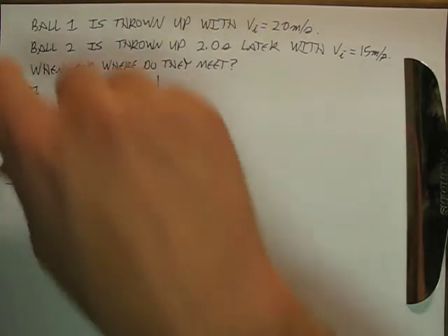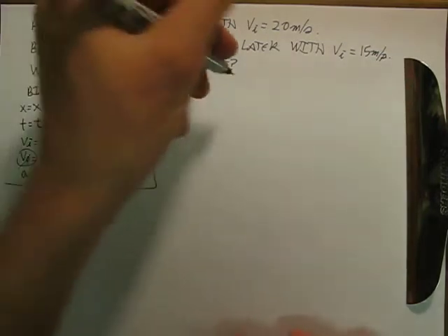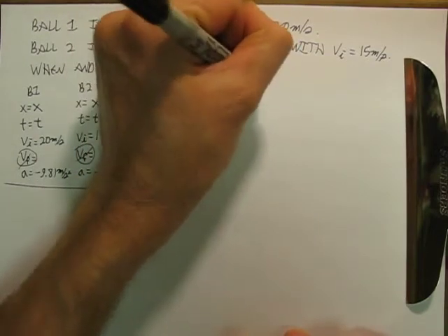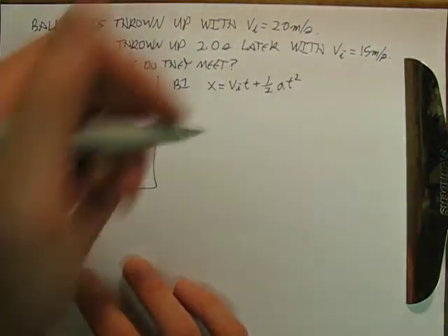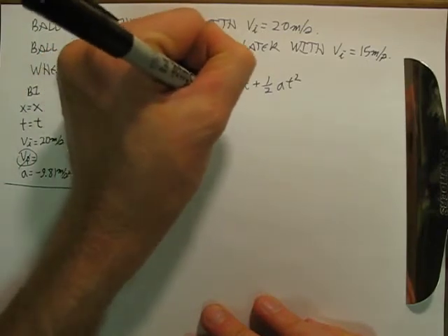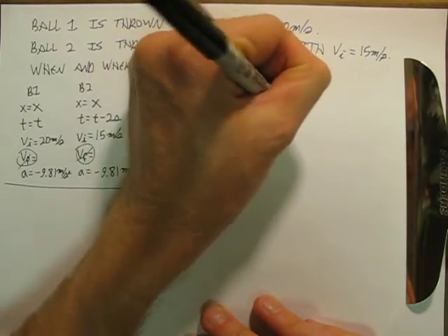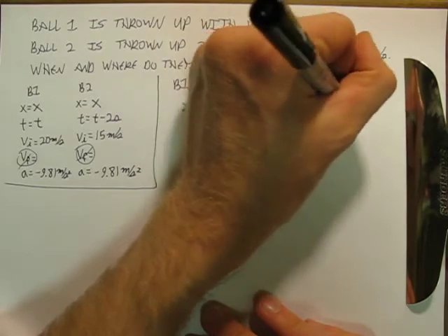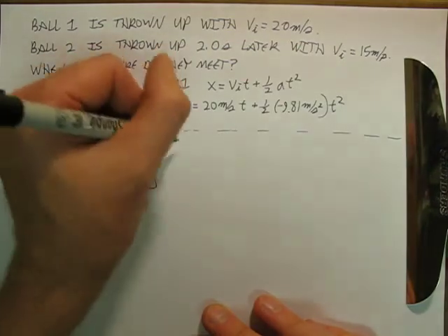Now, let's set up the equations for ball 1. The equation that I'm going to use is going to be X equals VIT plus 1/2 AT squared. And I'm going to plug in what I know. X is equal to 20 meters per second T plus 1/2 negative 9.81 meters per second squared T squared. And now what I'm going to write for ball 2 is going to be almost identical.